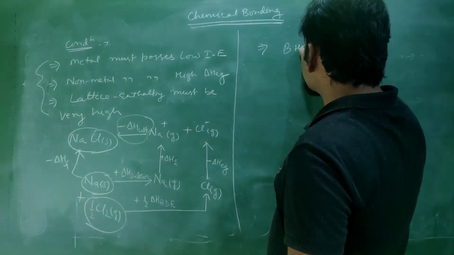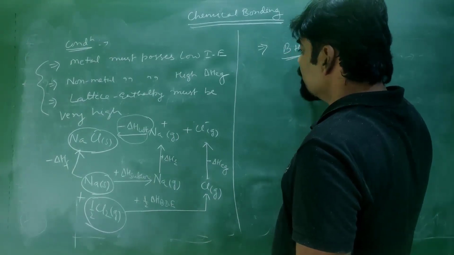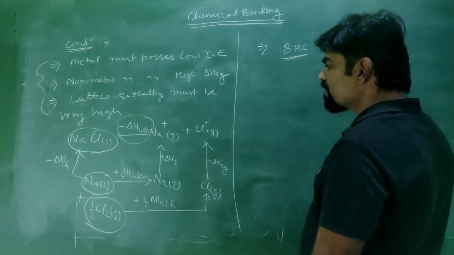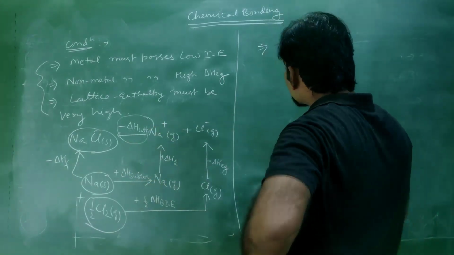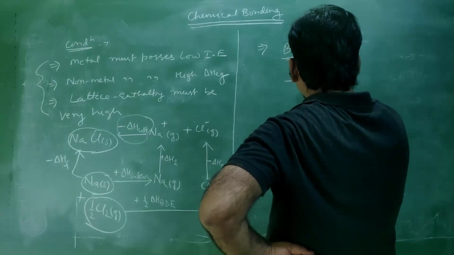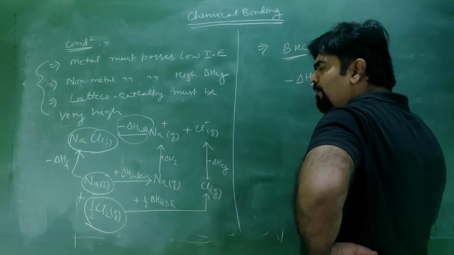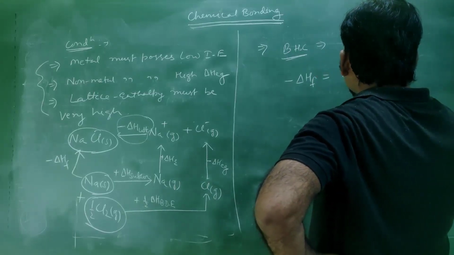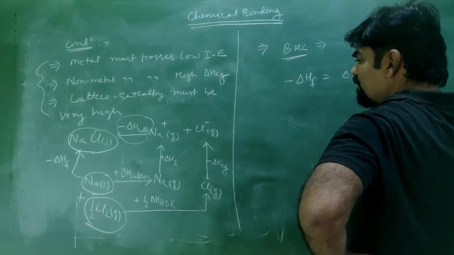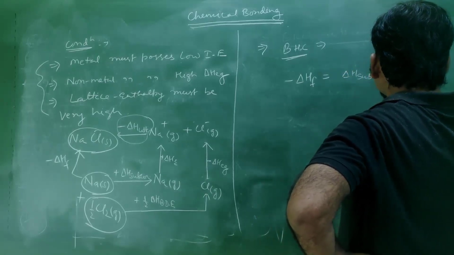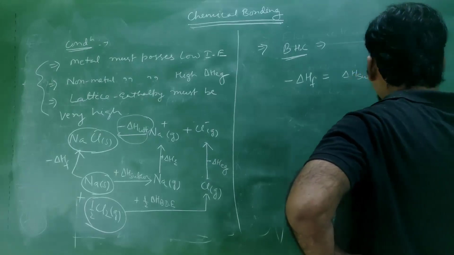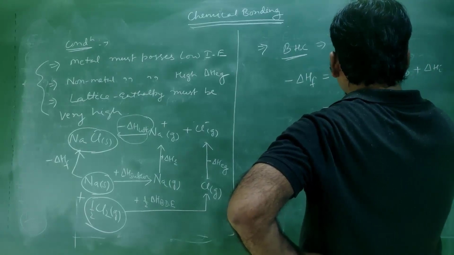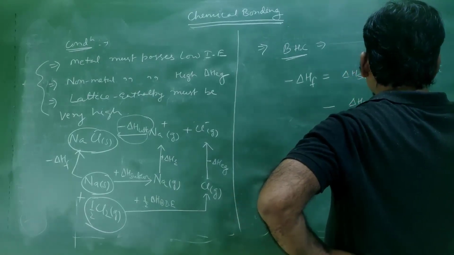So according to the Born-Haber cycle, an ionic bond is formed by covering a cycle itself, which consists of all sorts of energy. If you see this, the enthalpy of formation of an ionic compound is equal to enthalpy of sublimation plus half of enthalpy of bond dissociation plus ionization enthalpy minus electron gain enthalpy minus lattice enthalpy.